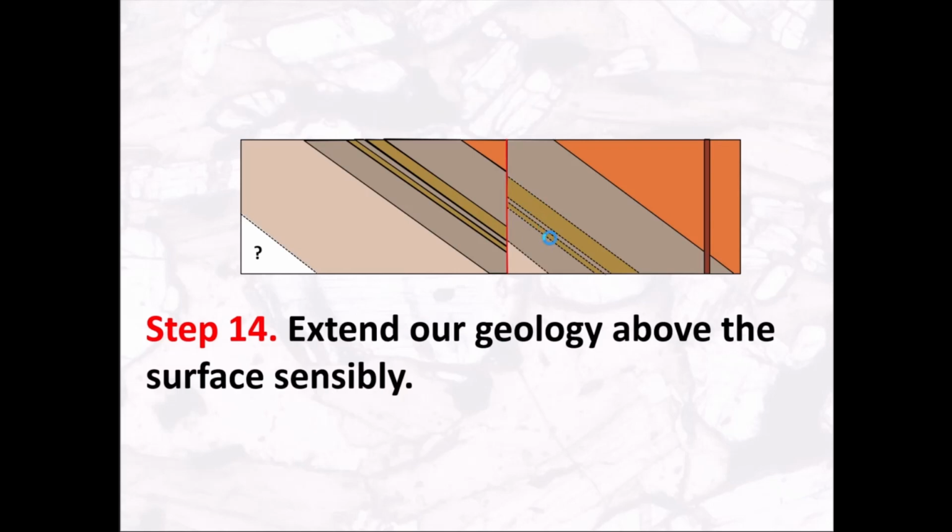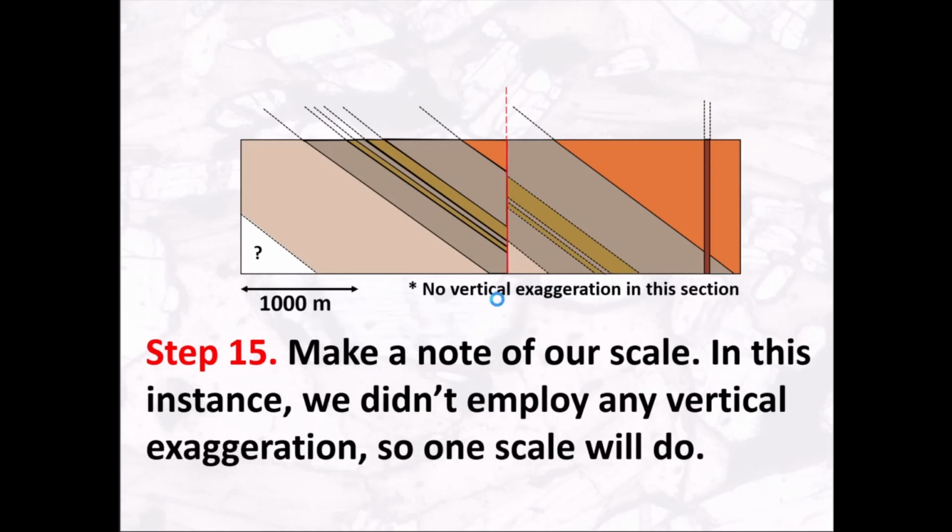And then again, what we can do is try and show that we understand that prior to the modern weathering processes, this geology would have continued above the surface prior to modern day erosional processes. Then what we can do is make note of our scale. In this instance, we didn't employ any vertical exaggeration. We didn't stretch anything.